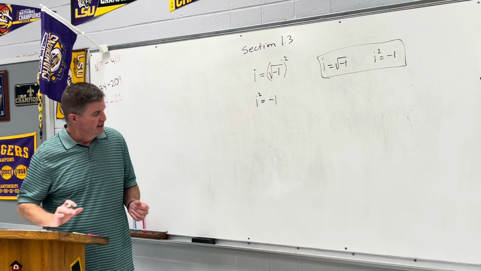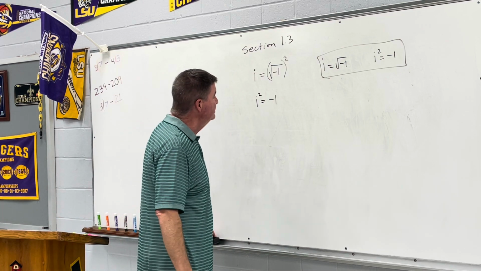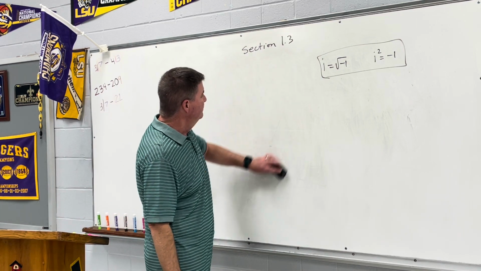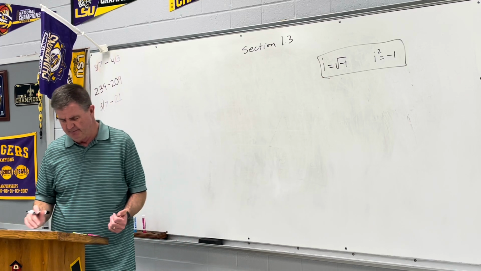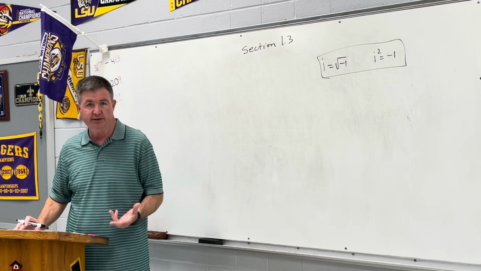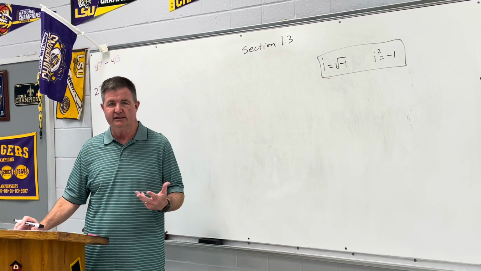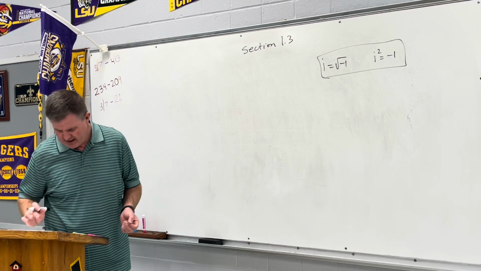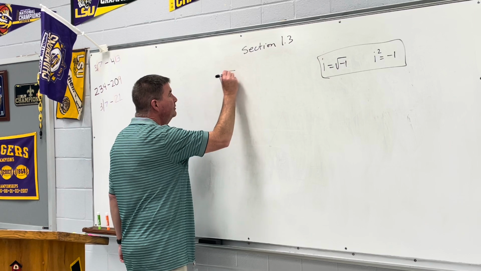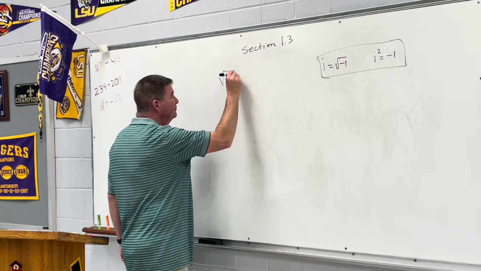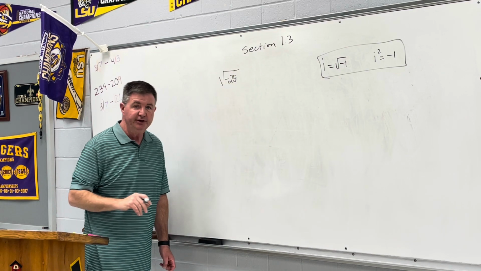So the first thing they want us to do in example number 1 is simplify. We're going to be simplifying radicals that we couldn't simplify before. By the way, the term radical and square root are interchangeable. It's the same thing. So we have the square root of -25, which again, before we couldn't do.